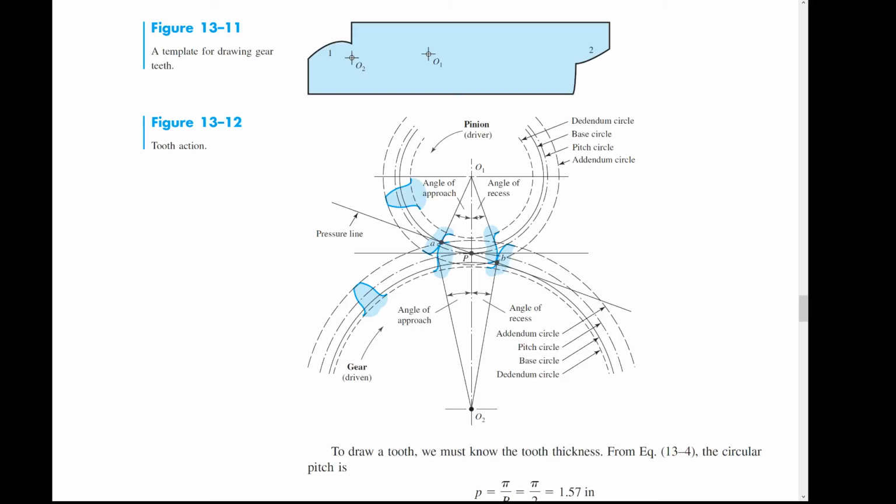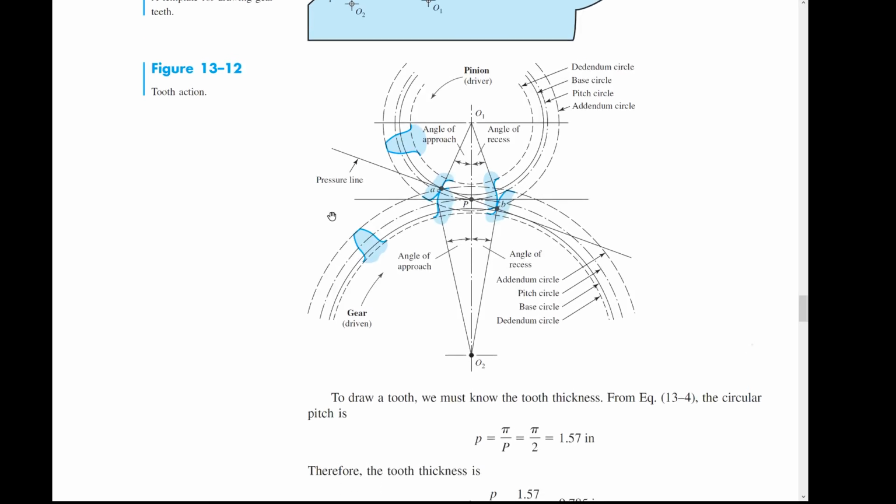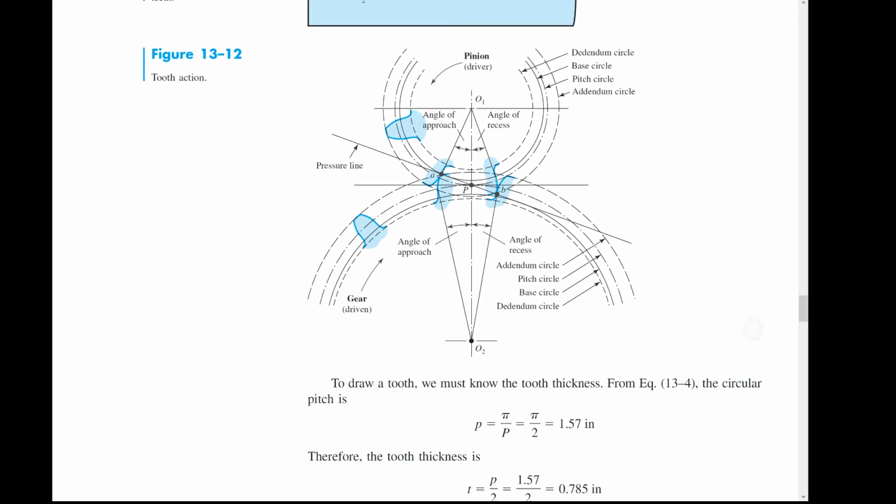Dedendum circle, base circle, pitch circle, addendum circle, angle of recess, angle of approach, and let's see, do we have a turning direction? So how do you know which one's the approach? Coming in, touching, going out, leaving. I see, it's deeper in there. The angle of contact is far deeper in this gear, and then as it's pushing away, it's down there.